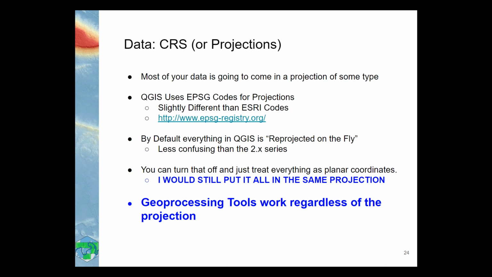By default, it's reproject on the fly. You can turn that off and spread your data out to make sure everything's fine. As of the 3 series, you can mix and match projections in the processing tool. So if you're going to run a clip, you can clip your 2274 Tennessee State Plane data with a 4326 polygon, and everything's cool.